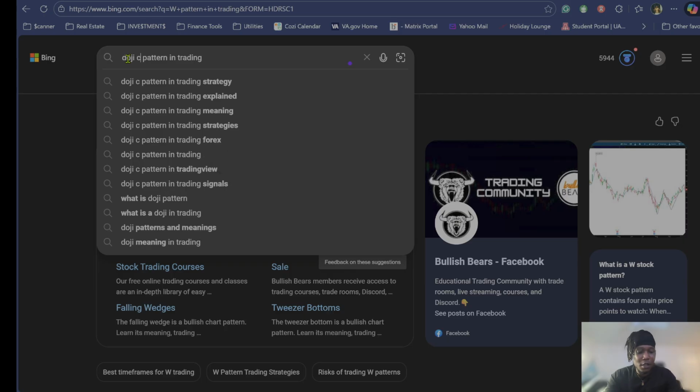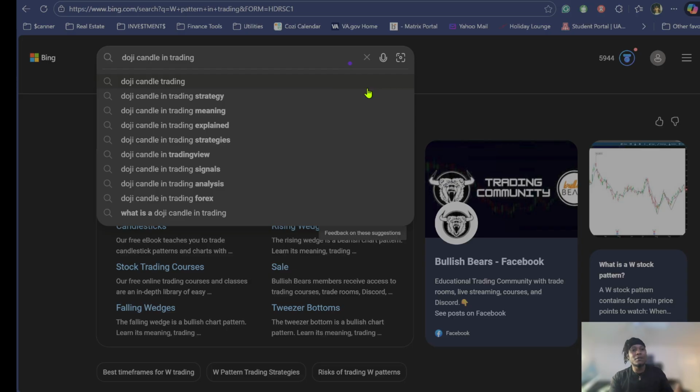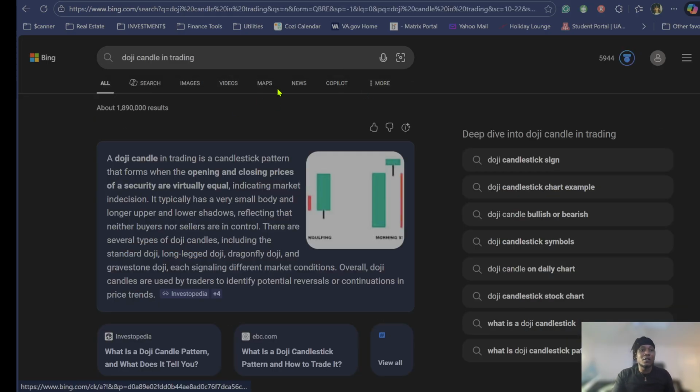Doji candles. Anything I'm telling them, again, I keep on saying, they have the receipts. All right, a doji candle in trading is a candlestick pattern that forms when the opening and closing price of a security are virtually equal.